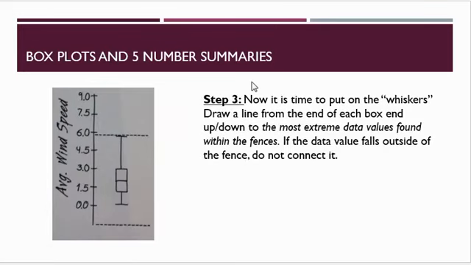Step 3. Now it's time to put on the whiskers. Draw a line from the end of each box, up or down, to the most extreme data value found within the fences. It needs to be within your fences.